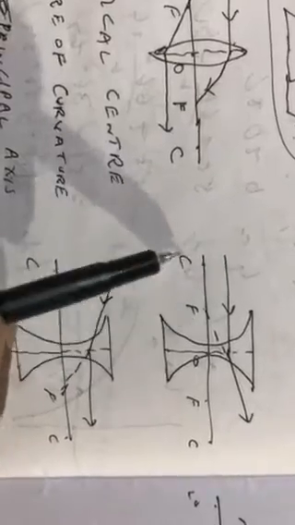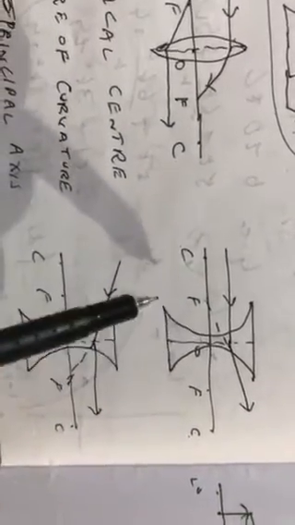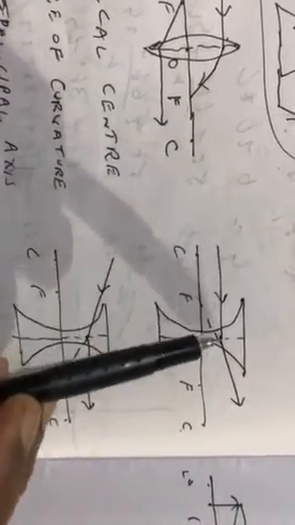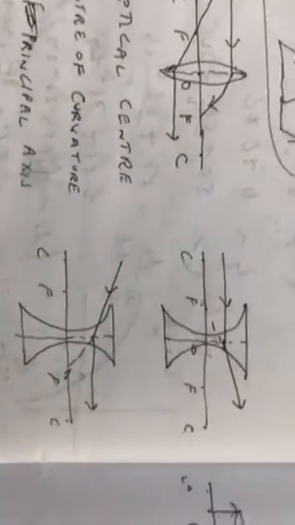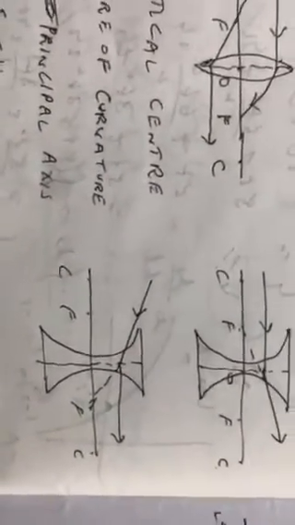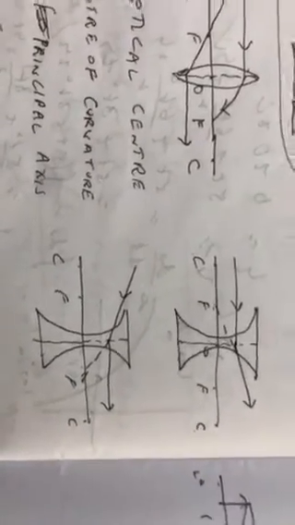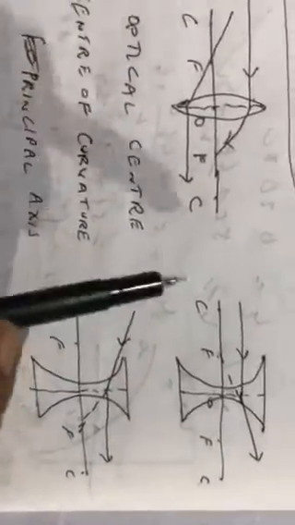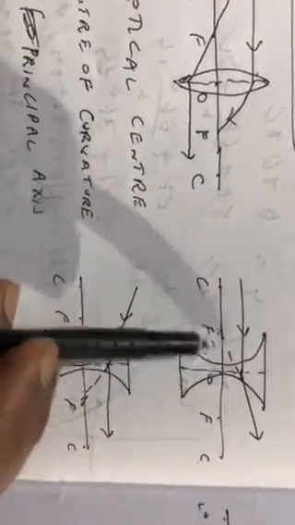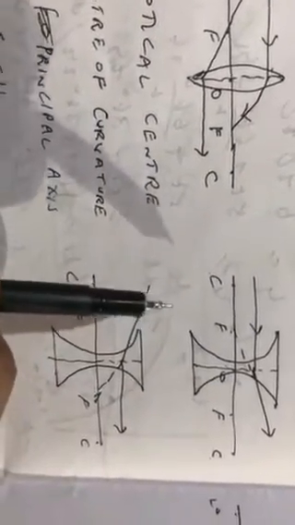This is a diverging lens. So this is the center of curvature, optical center. So if a ray is parallel to the principal axis, after refraction it appears to diverge away from the focus. So this focus is basically the point from which the ray appears to diverge away.